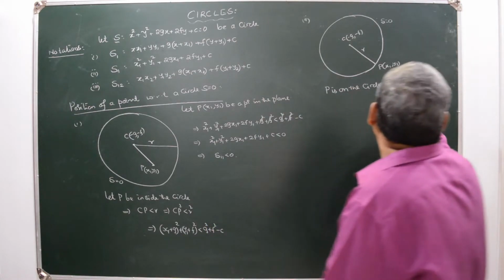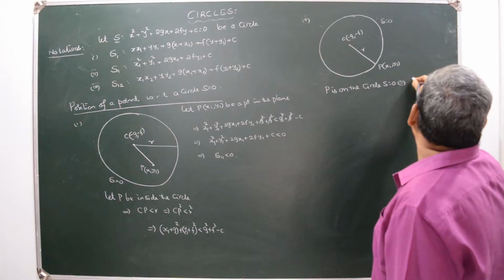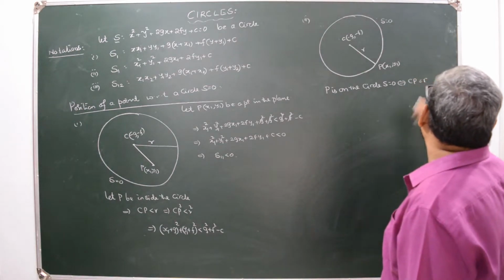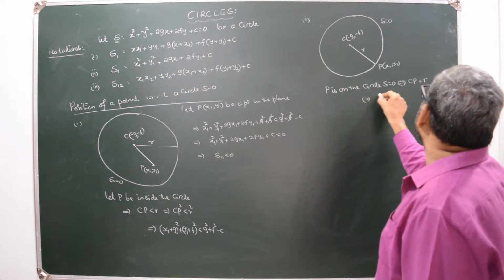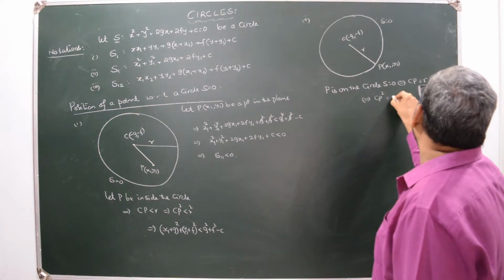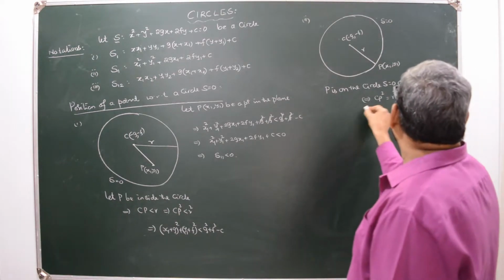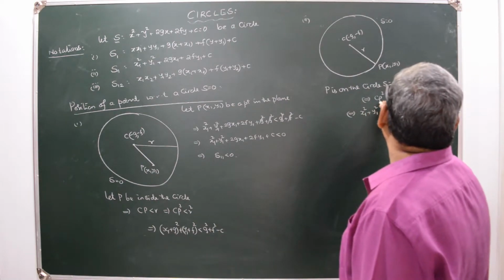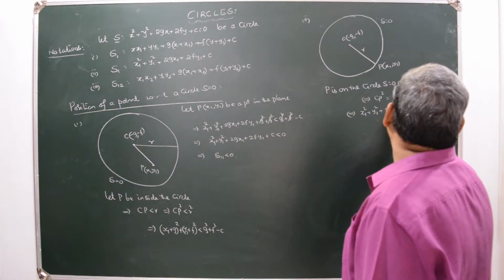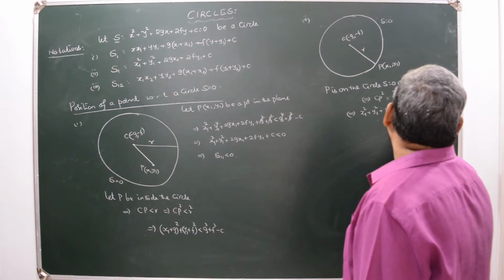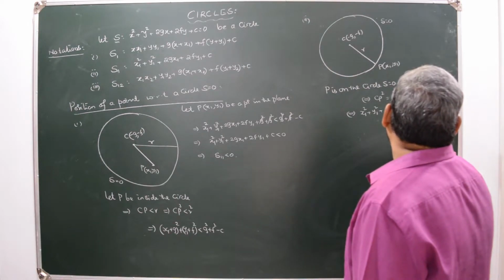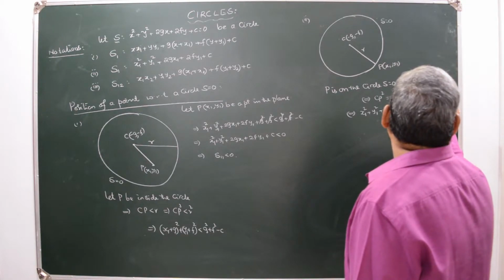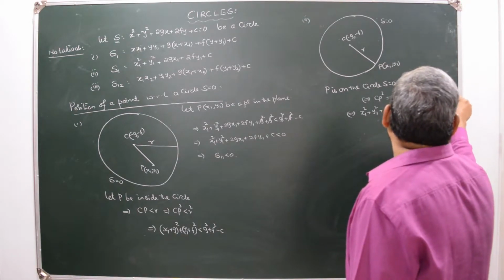Then what happens? CP is equal to r, which is equivalent to CP square equal to r square, which is equivalent to x1 square plus y1 square plus 2g x1 plus 2f y1 plus g square plus f square equal to g square plus f square minus c.